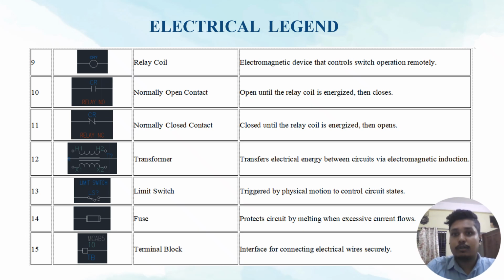These visual icons are directly used in our layouts. Understanding and correctly using these symbols is a fundamental skill in electrical design, especially when working with software like AutoCAD Electrical. It brings clarity, saves time, and ensures everyone involved speaks the same technical language as well.